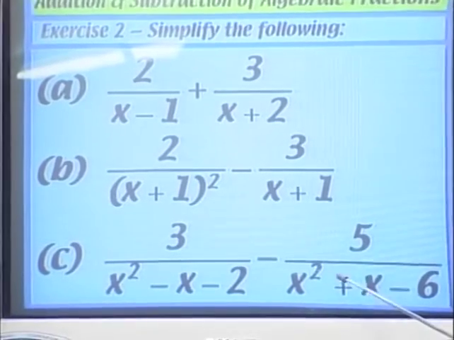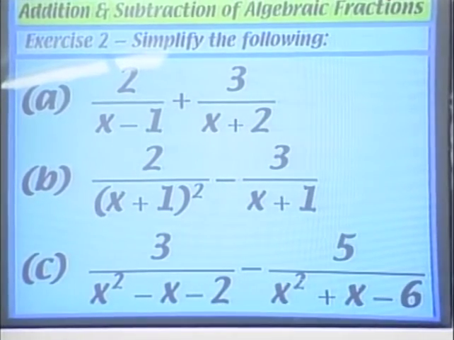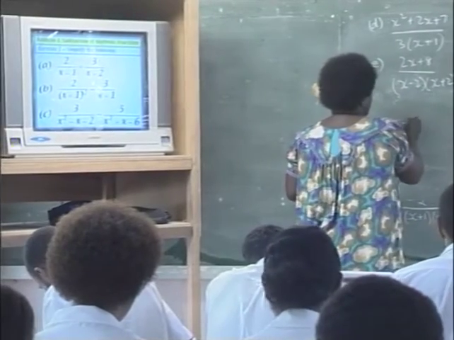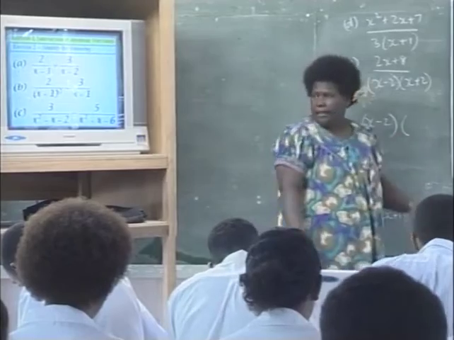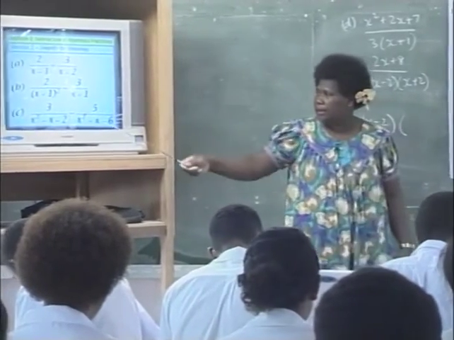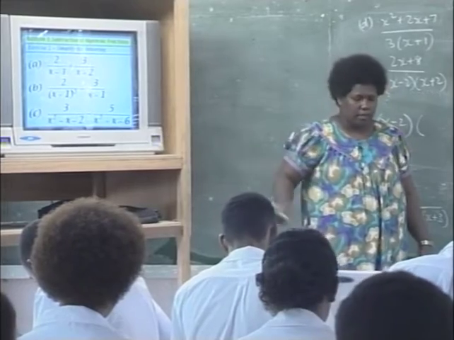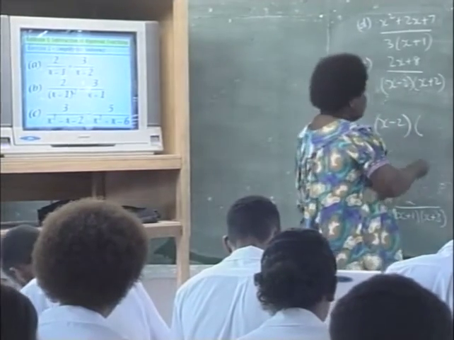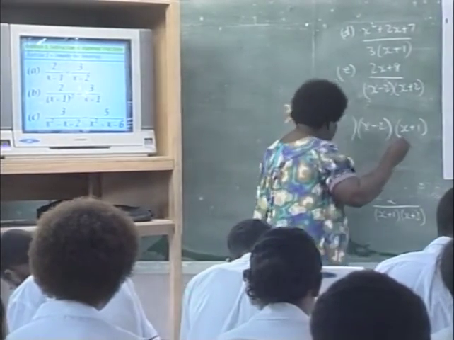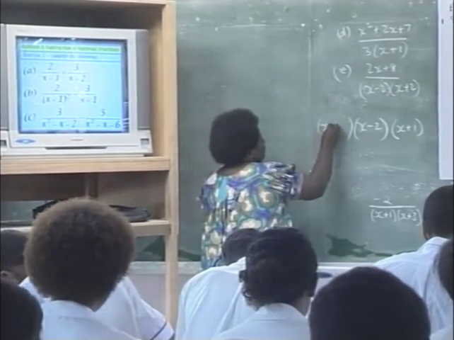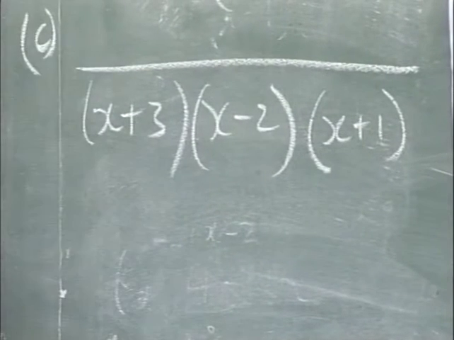So I can see that there is a common factor of x minus 2. So I take that out and I put it as the lowest common multiple. And then there is an x plus 1 still here and an x plus 3 still here. So I have to include them. You with me? So x plus 1 and then an x plus 3. All of that is the lowest common multiple. This is letter C I'm doing.